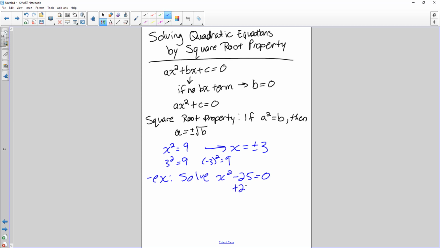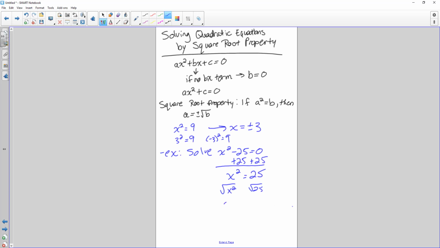So I'm going to add 25 to both sides so that the x squared part is alone and I have my constant on the other side. Now when I take the square root of both sides, the square root of x squared and the square root of 25, I get x on the left side. It's not just the square root of 25 though, it's plus or minus the square root of 25, which is 5.